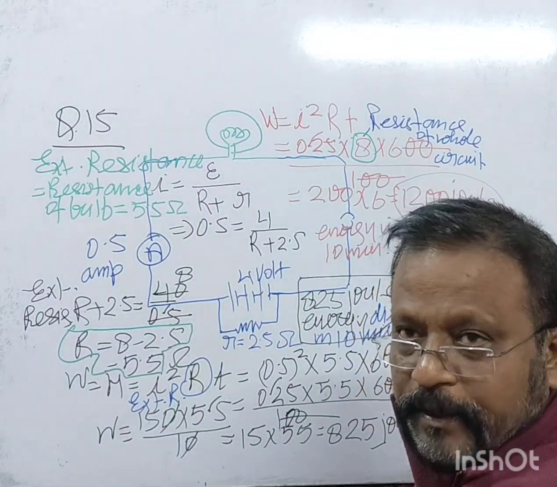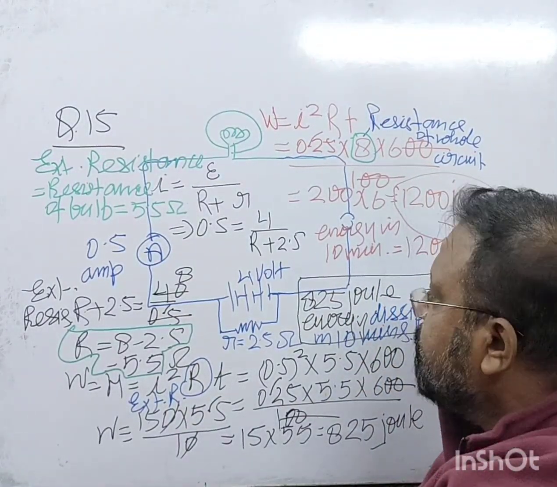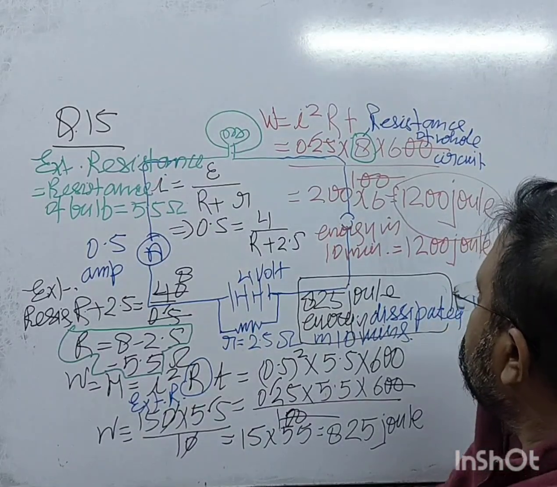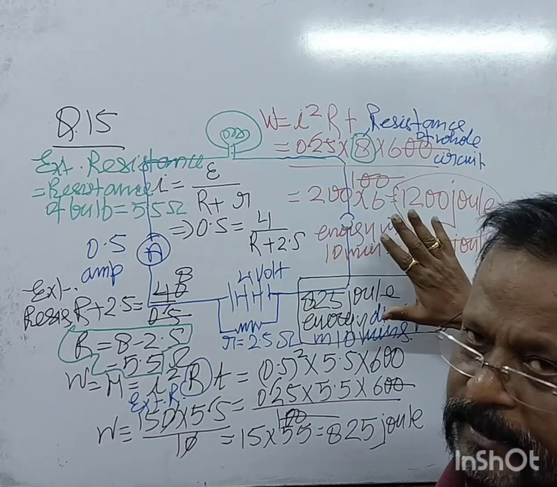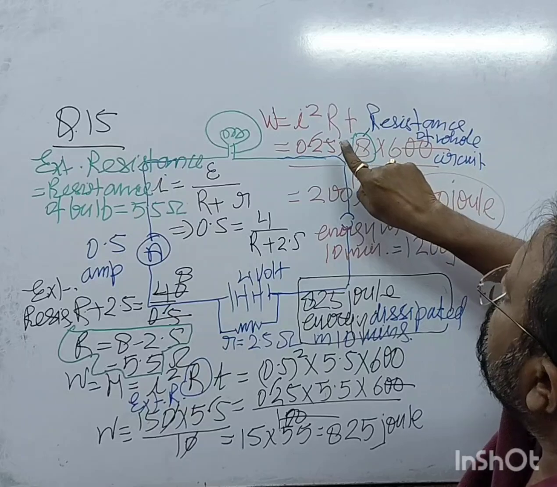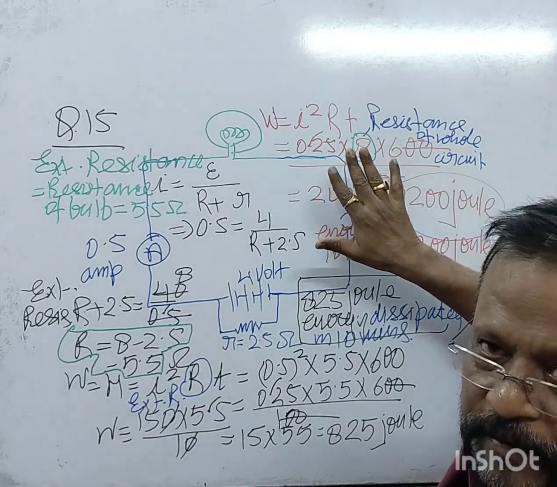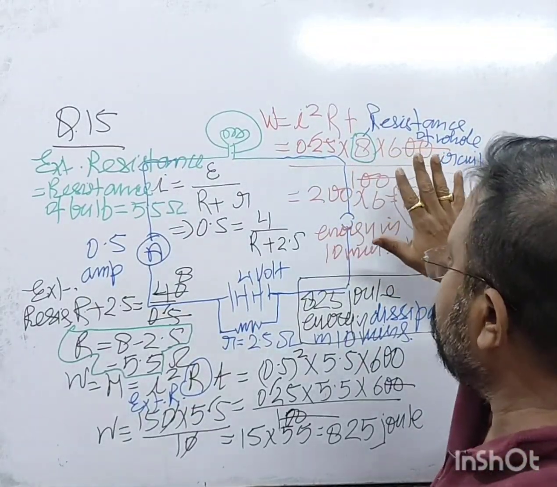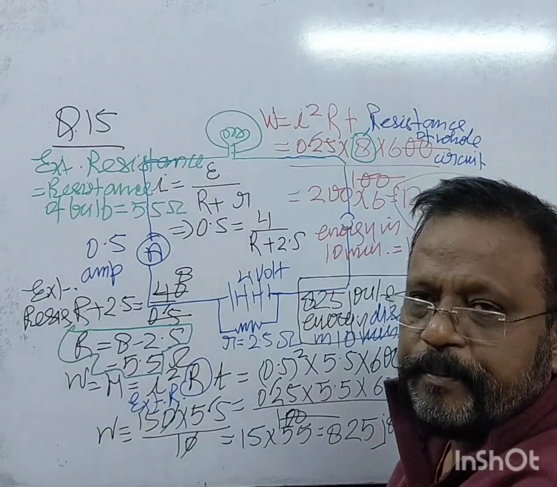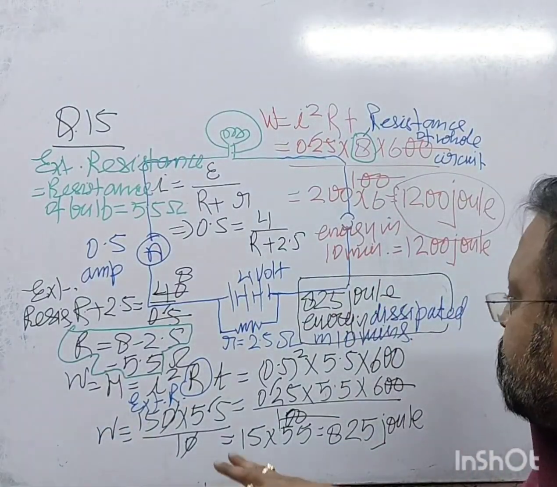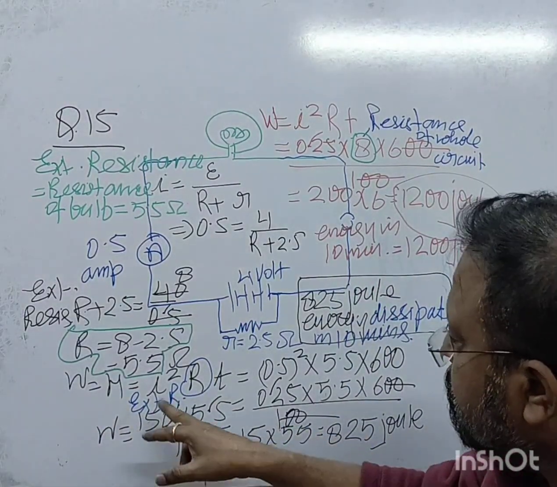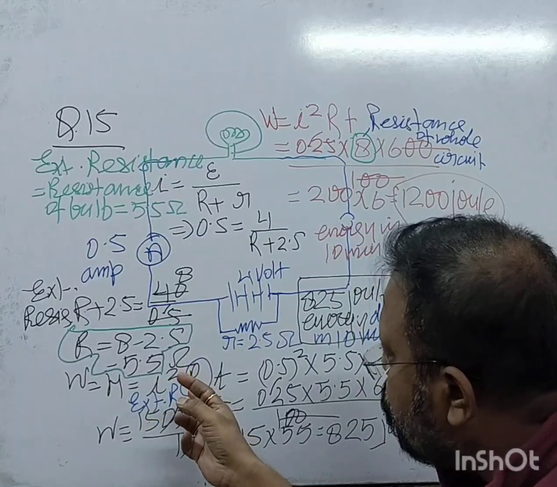Do you understand? Yes. In 10 second, energy flowed in the circuit is 12 joule, which is total resistance we have taken, right? And when energy dissipated in external resistance, external resistance is 5.5 ohm.